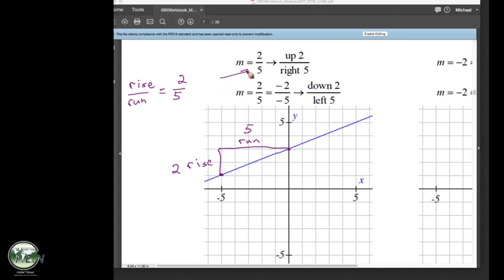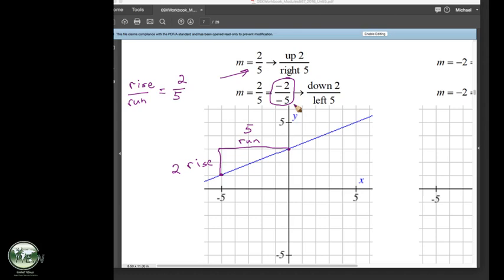So rise is 2, run is 5, and notice that's what they came up with here. We could have also gone backwards, from this point down 2 and back 5. That works as well to calculate the slope, but a negative over a negative is a positive. Does that make sense? We can go from Grandma's house to our house, or from our house to Grandma's house. It's the same road, it's going to have the same slope, but the directions will be different.